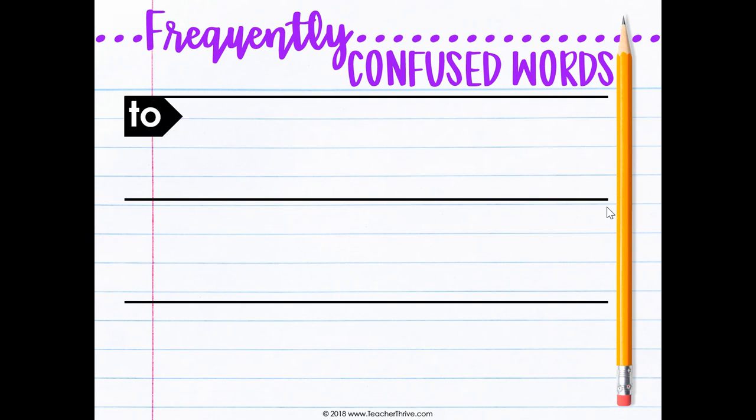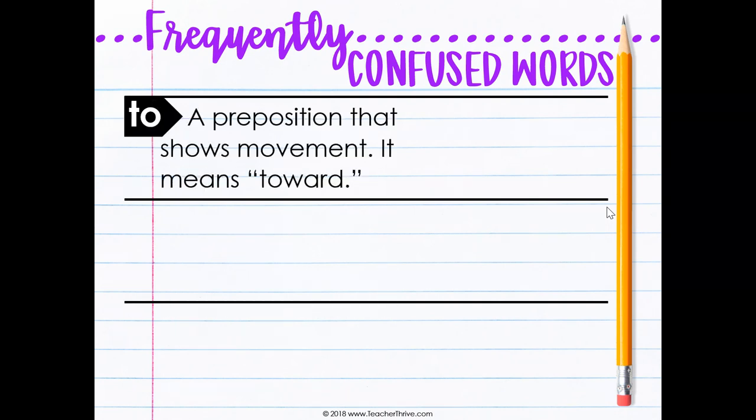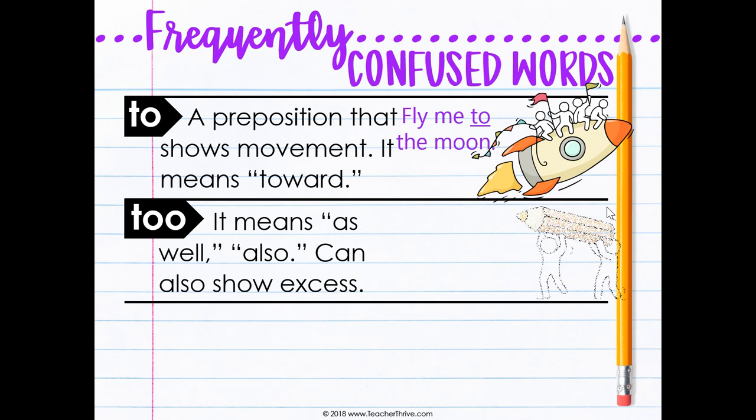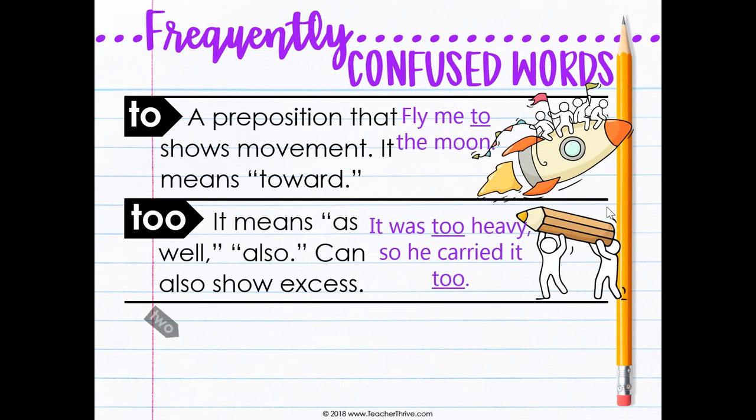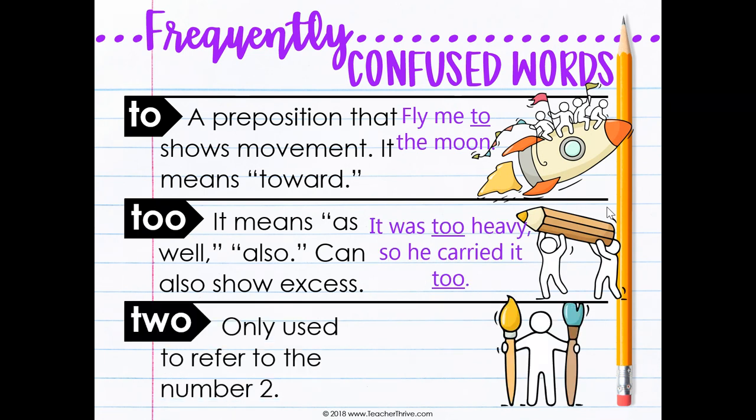All right. Some other frequently confused words are to, too, and two. So to is a preposition that shows movement. It means toward. If you're going to use to, it's going toward something. It's moving. Too means as well or also.